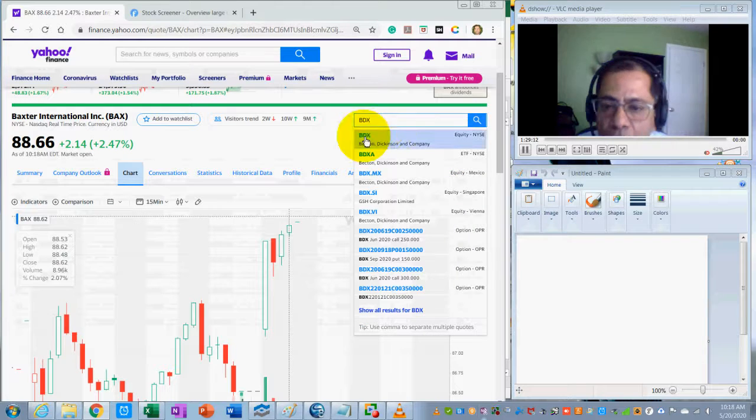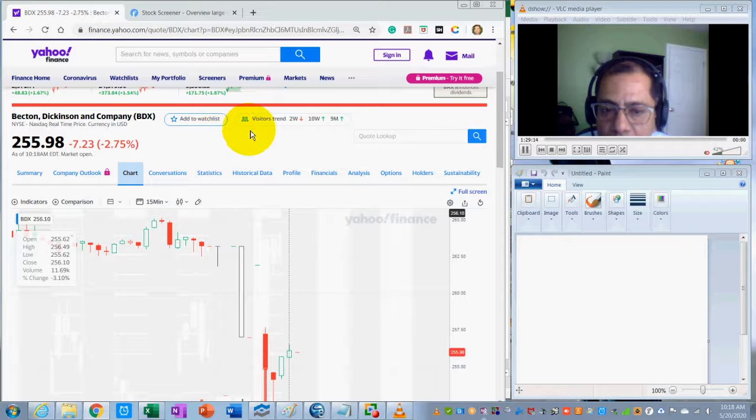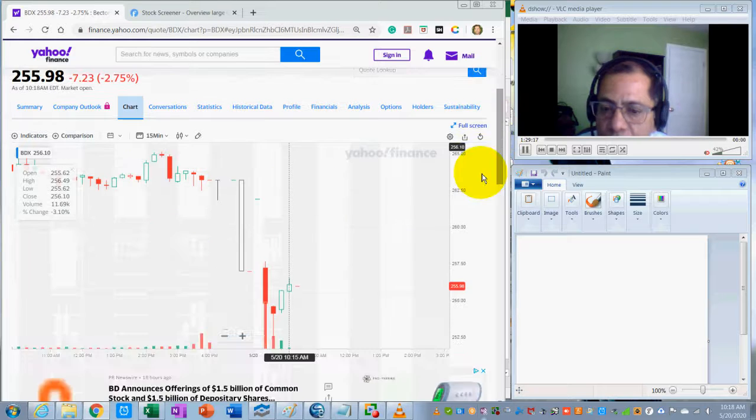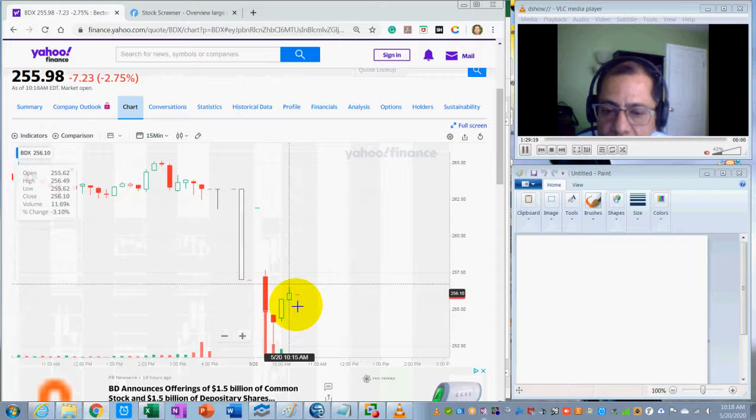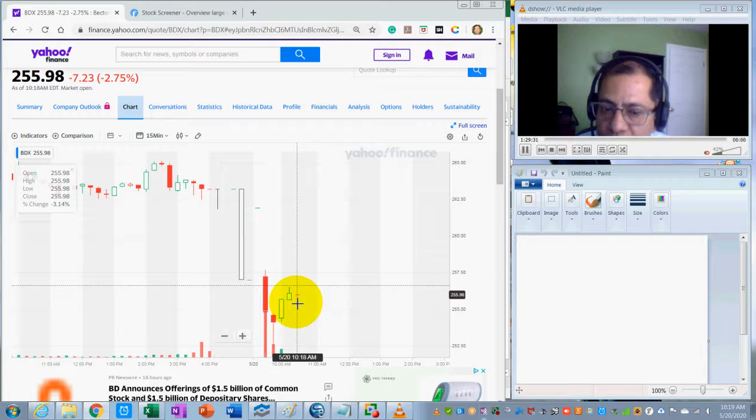On the long side, if it doesn't take a U-turn, which is good, but if it does, it does. So you see that here it started taking a U-turn. Here the closing price was 256.10 and now here the closing price is 255.98. So if from 256 it went to 255.98, it's taking a U-turn.